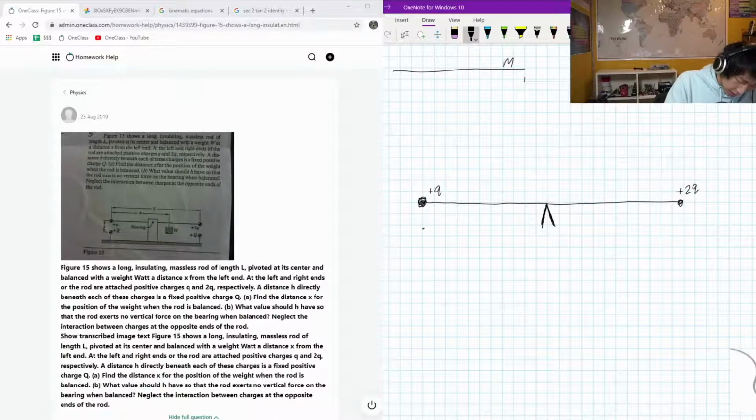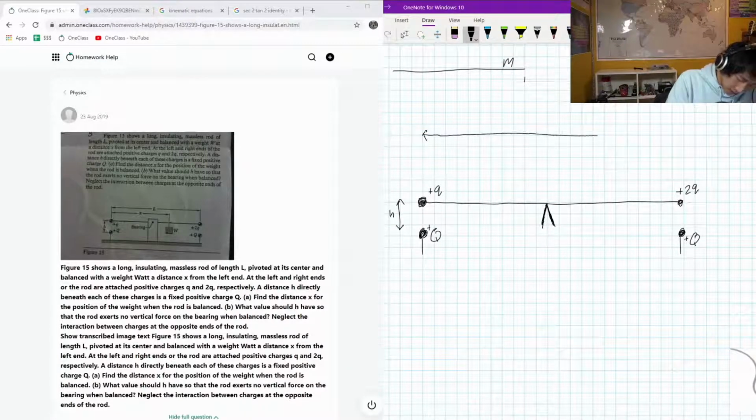Okay, and here we have capital Q, which is positive, and here we have capital Q, which is also positive, and the distance between them is h.